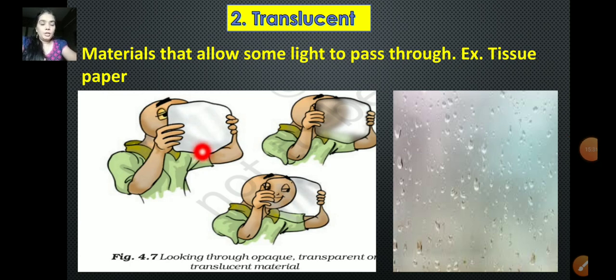Now what we will do is take a sheet of paper and look through it towards a lighted bulb. So switch on the light, take a sheet of paper and look through the paper. So children, make a note of your observation. What can you see and how can you see? Then put 2-3 drops of oil and spread it on that sheet of paper.